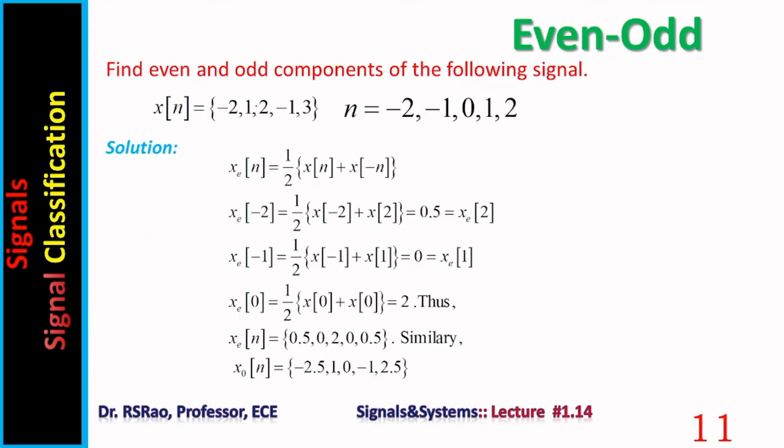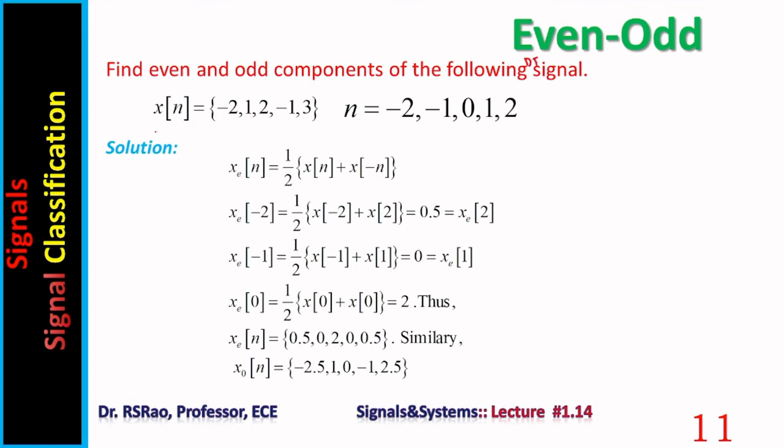Another problem, based on the earlier one, is also about even odd nature of signals. However, the earlier one was a CT signal, whereas this one is a DT signal. The problem is to find the even and odd components of the following DT signal.